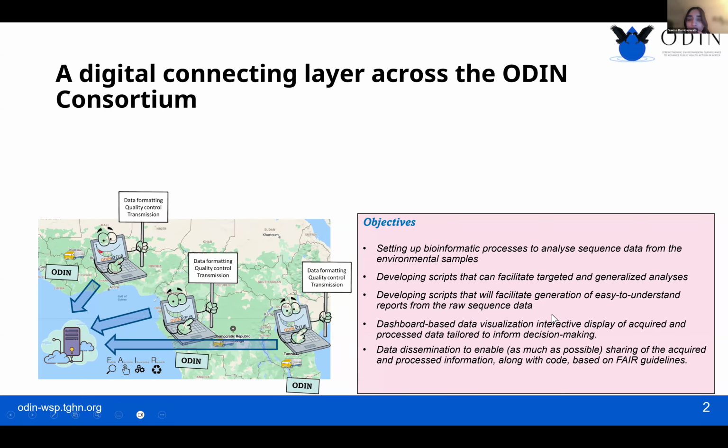Then we facilitate that the data pipelines generate reports which are easy to understand, and these results are integrated into a dashboard to give a visual representation of our generated data. The important aspect is also adhering to the FAIR guidelines, which is making the data findable, accessible, interpretable, and reusable.